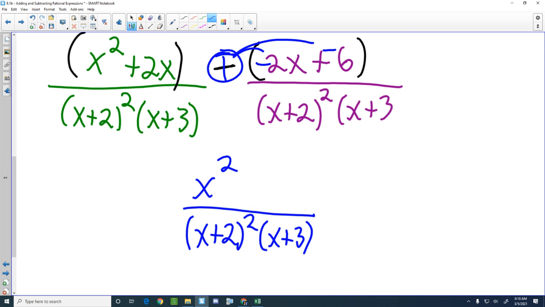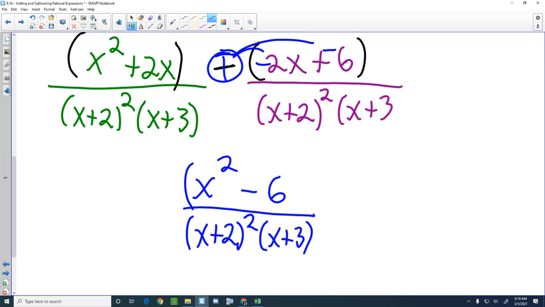And if I had a positive 2x and I subtract 2x, I have 0 x's. Those both cancel out. Then last, I am subtracting a 6, so I'd write this as minus 6. So you have x squared minus 6 over x plus 2 squared times x plus 3.